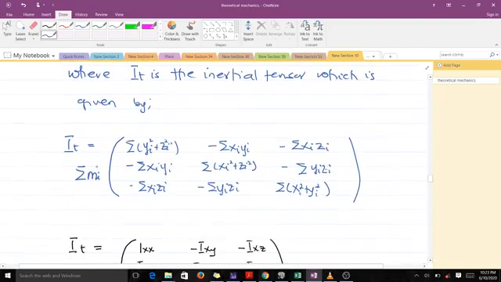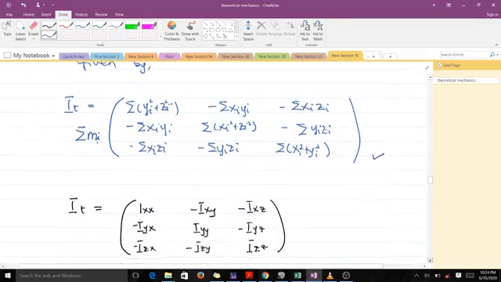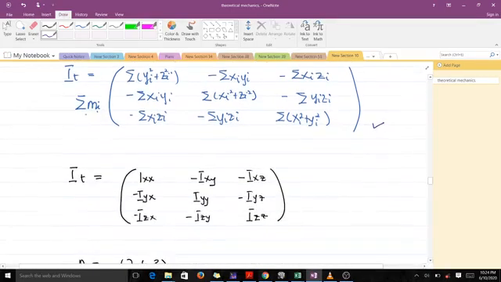And our I_t here stands for the inertial tensor, which is given by what we have here. So it is equal to the sum of the masses times whatever we have here in this matrix form. So as you can see, this can be reduced to this form. Sorry, since we have summation here, there is no need for this summation to go through.